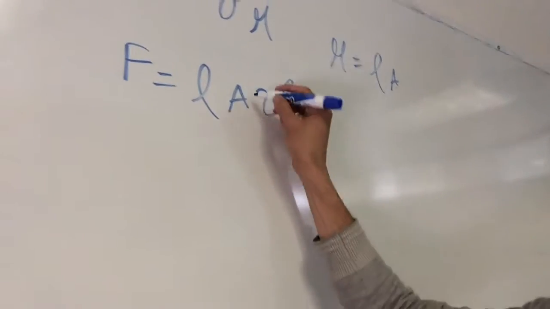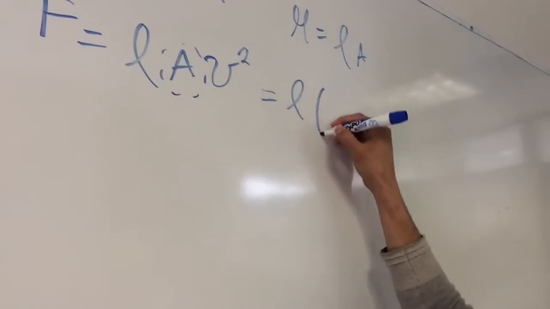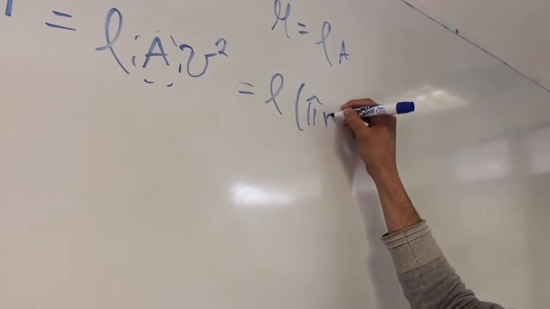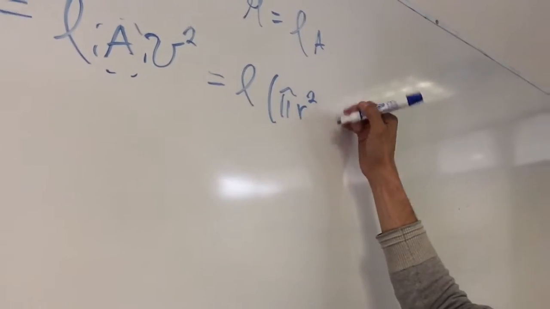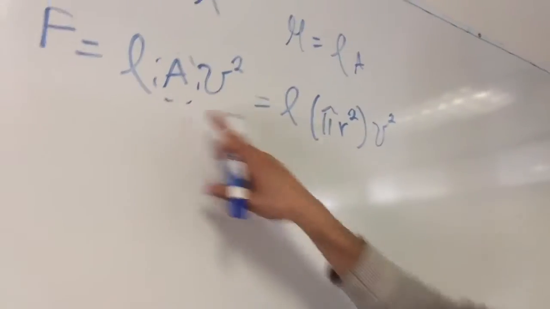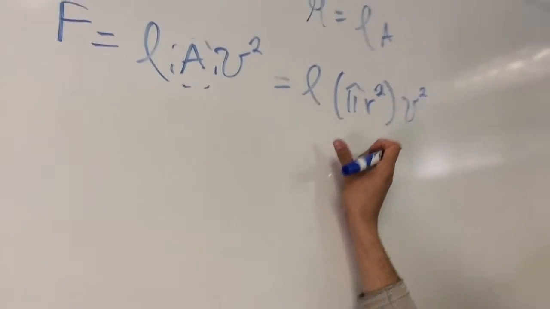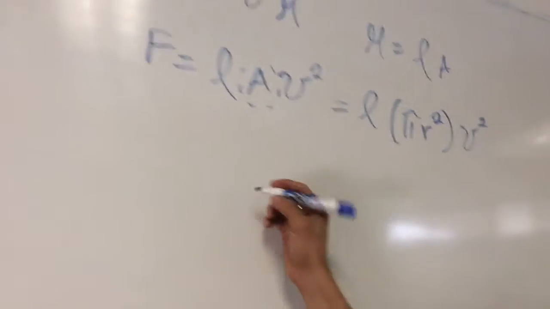And at the same time, we know that the area is equal to pi times the radius squared. Once we have this equation, we can substitute our values here.